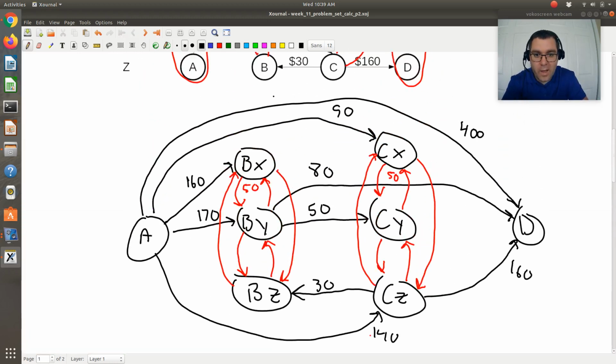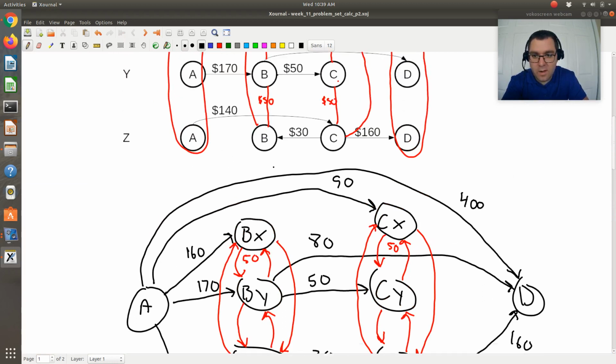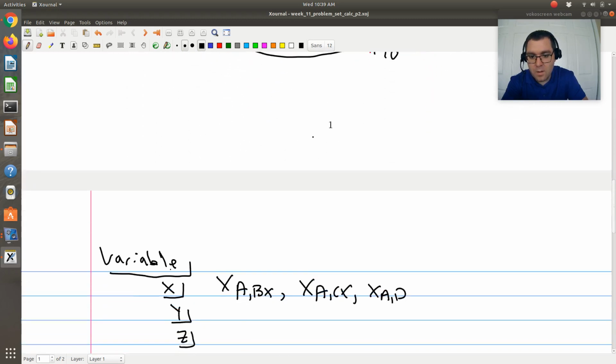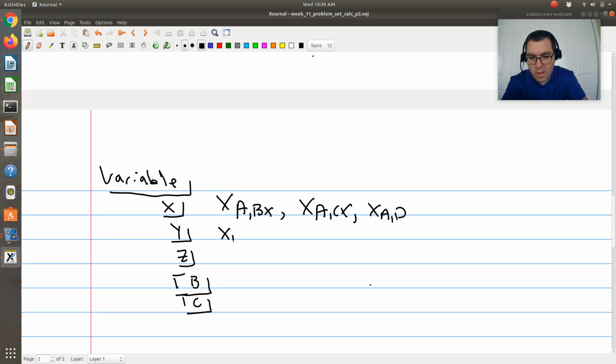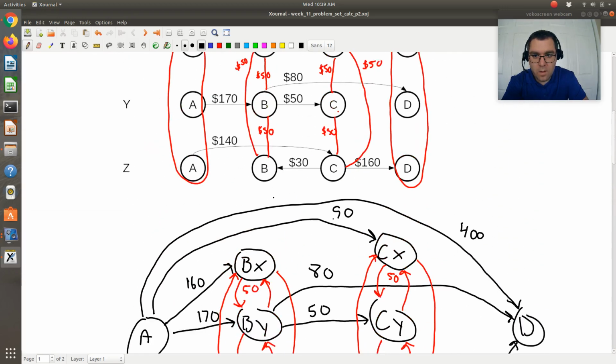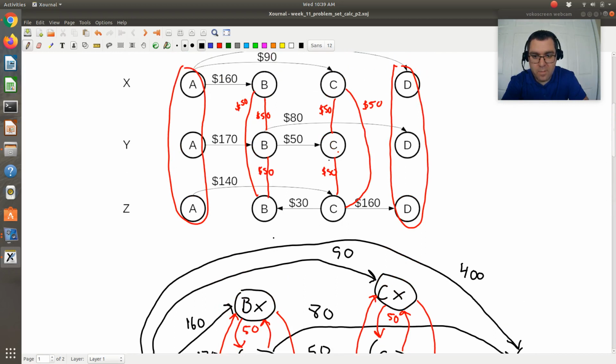Okay, Y. Okay, so we have it here. It can also go up to the top picture. On Y, I can go A to B, and then B to D, and B to C. So I'll have XAB on airline Y. Then we have BY to CY, or XBY to CY.